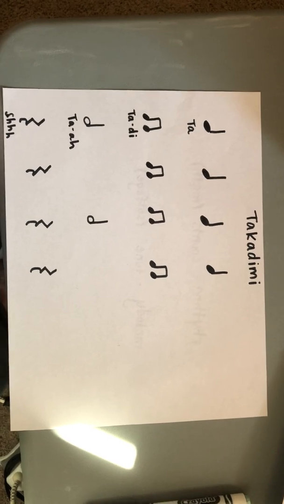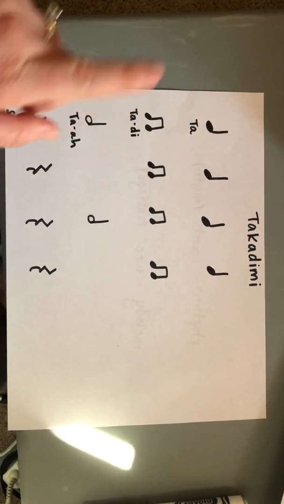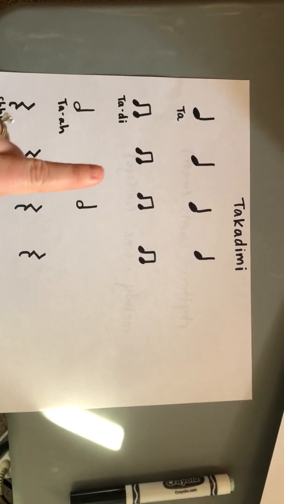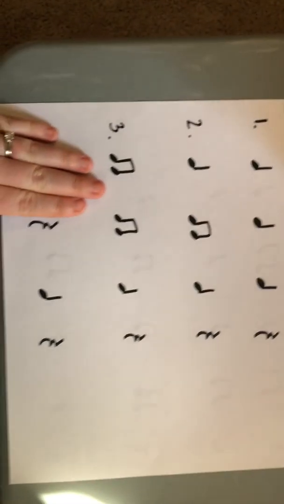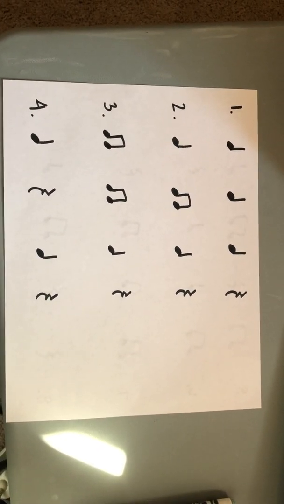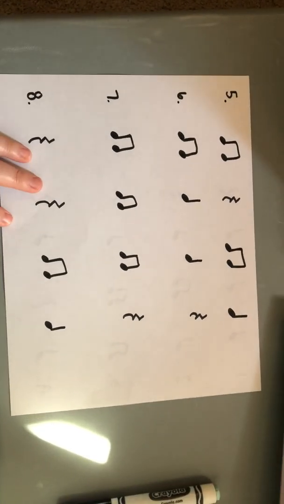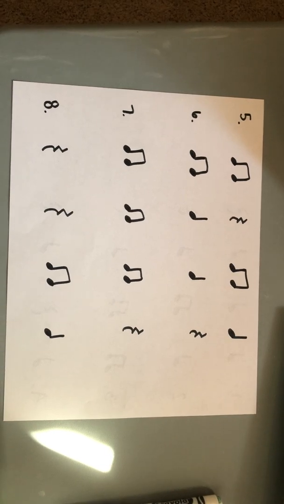You can always pause on this screen for a moment too. You're going to take these sounds, ta, tadi, tadi, ta, ta, sh. You're going to translate these into these examples. And I will write the answers on another part of your Google Classroom so that you can check your work. I'll make sure that the example numbers line up with the answers.